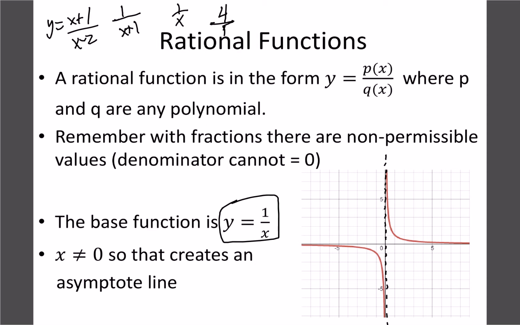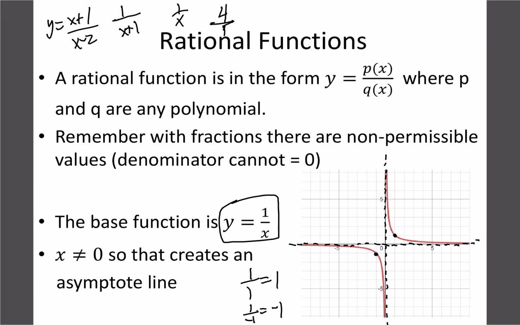What we do see is we also get a horizontal asymptote line, and it's showing up at y equals 0. And the other key points that we can see here are when x is 1 or negative 1, because 1 over 1 is still equal to 1, and 1 over negative 1 is equal to negative 1 as well.